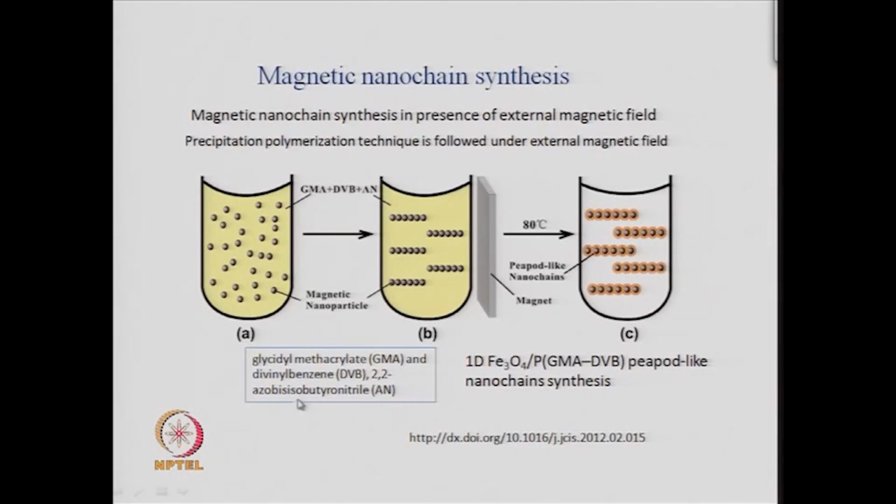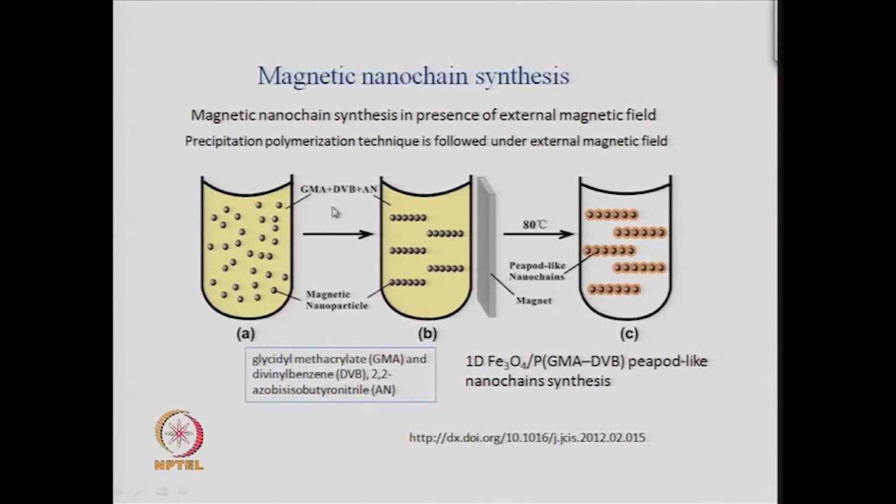So, you add glycidyl methacrylate, GMA, and divinyl benzene, DVB, and then you also add 2,2-azobisisobutyronitrile, which is normally called AIBN, A for azo and I for iso and butyronitrile. So, these three reagents can be added.